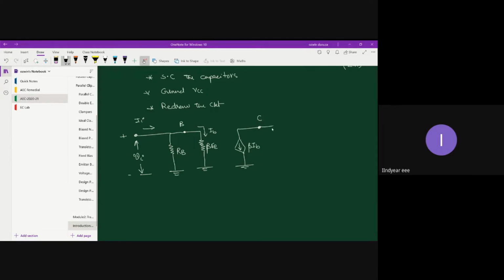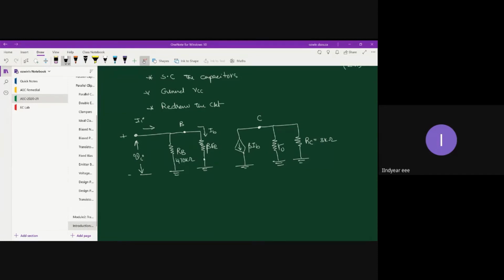You also have the output impedance of the re model, small ro, and then the collector resistor RC. RC is 3 kilo ohm and RB is 470 kilo ohm.